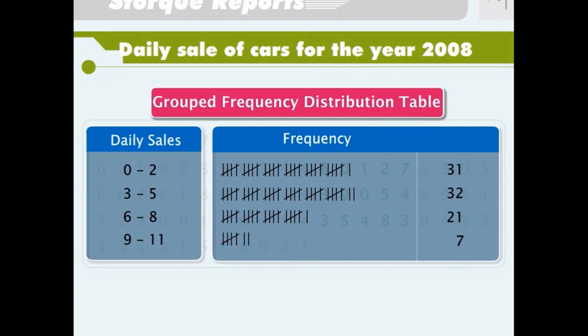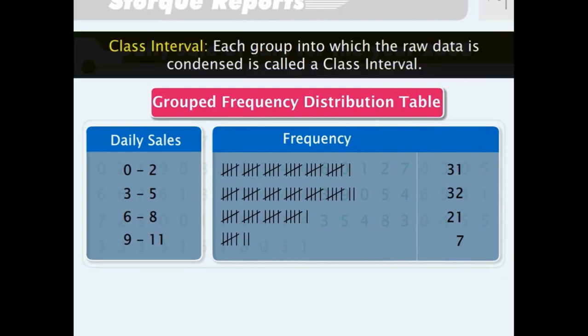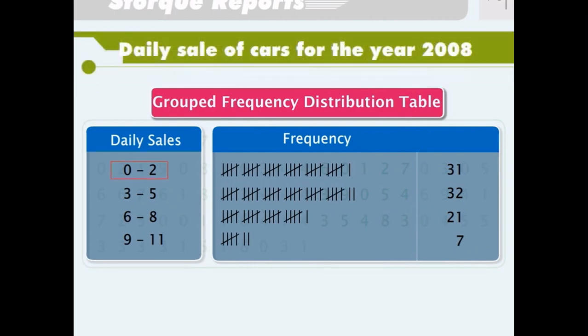Now, let's learn a few terms related to the grouped frequency distribution table. While tabulating the frequencies for a large number of data, we first organize it into groups. Each of these groups is called a class interval. Thus, 0 to 2, 3 to 5, 6 to 8, and 9 to 11 are all class intervals.